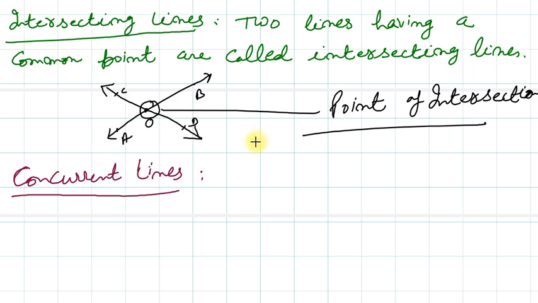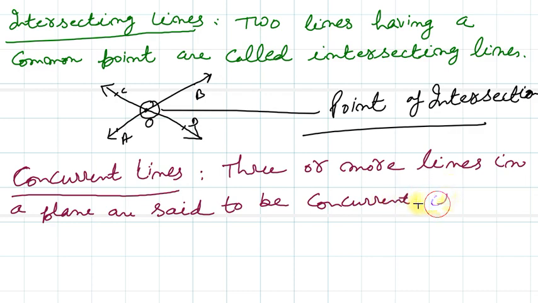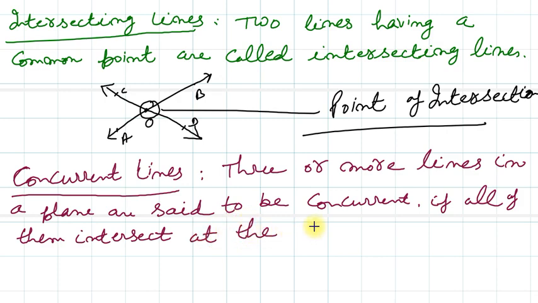So concurrent lines: three or more lines in a plane, I am using the words in a plane, are said to be concurrent if all of them intersect at the same point.